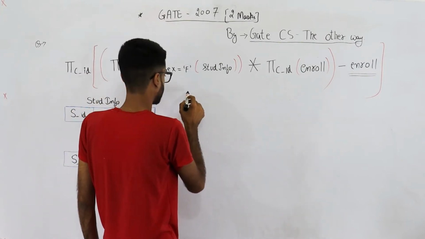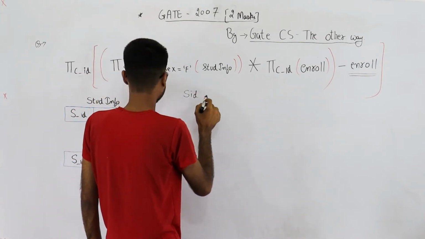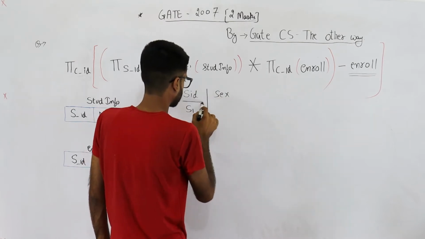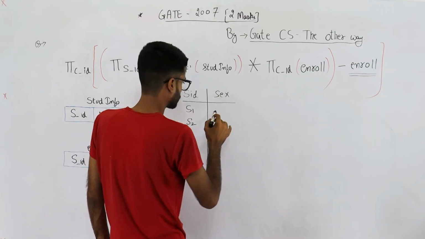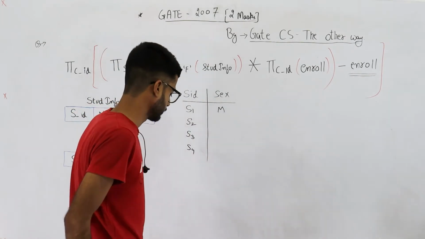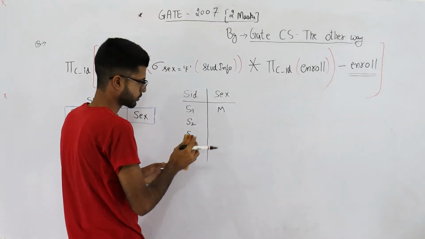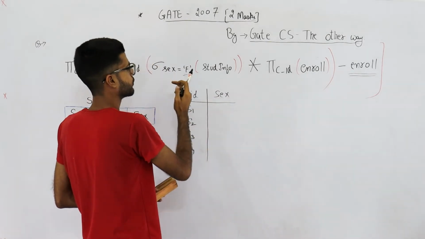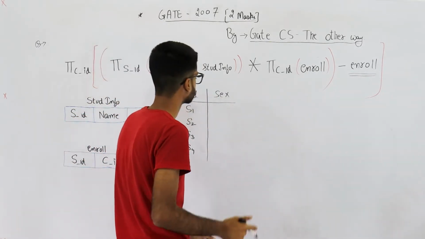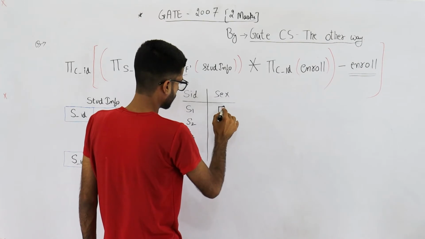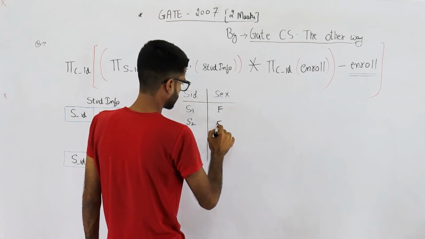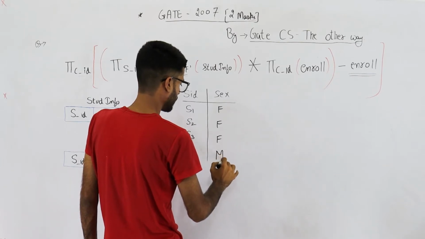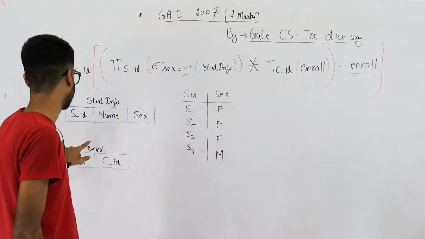So this is studId and sex. Let's take more female students because the question is about female students only. So let the first three students S1, S2 and S3 be females and S4 be a male.